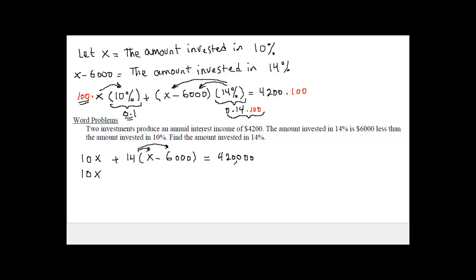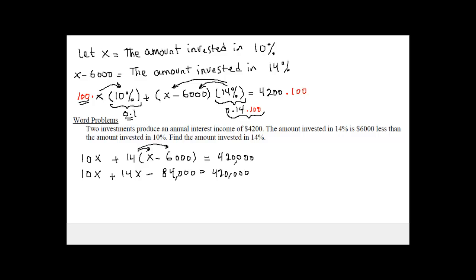So we get 10x plus 14x minus, now we multiply 6,000 by 14, get 84,000, is equal to 420,000.